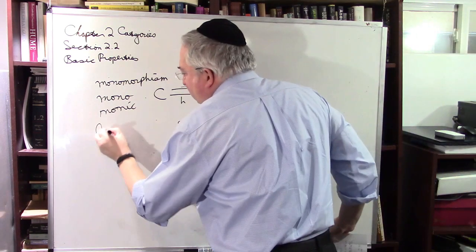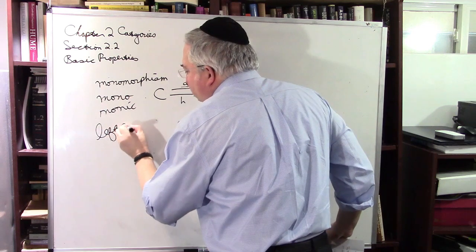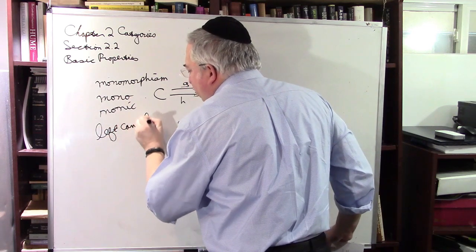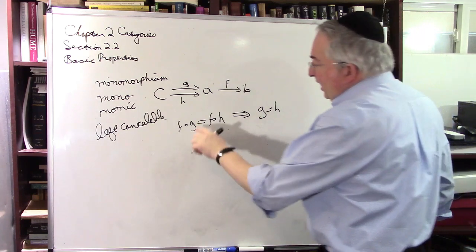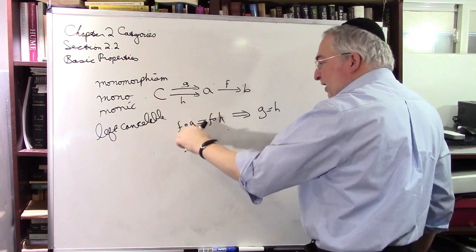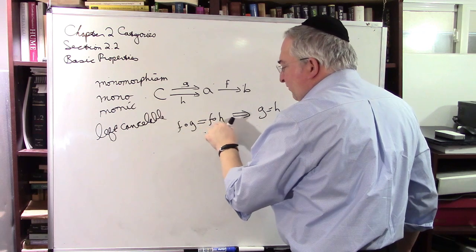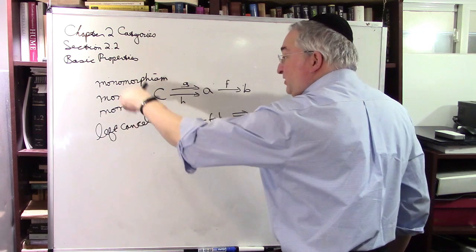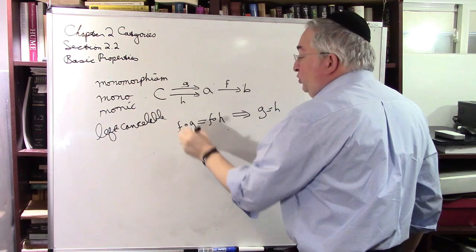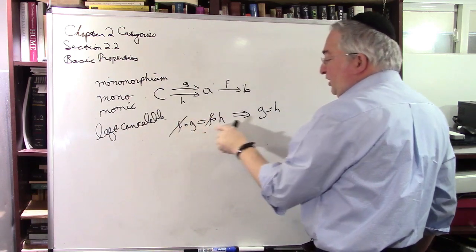It's called left cancelable. Namely, notice F composed with G, F composed with H. If it's left cancelable or monic, then you can cancel the F and you just get G is equal to H.